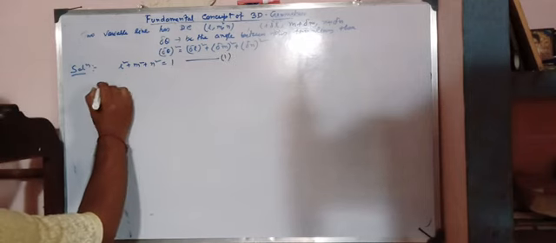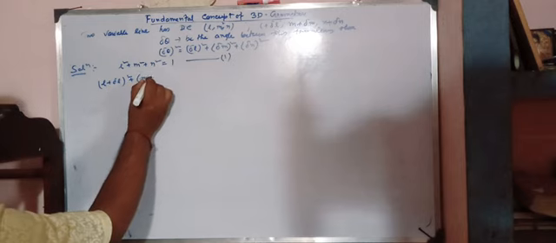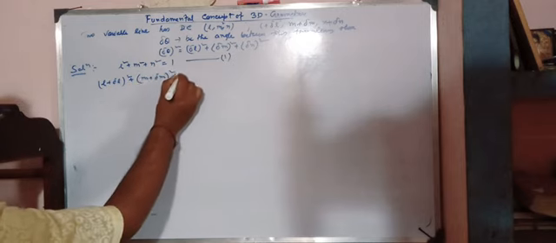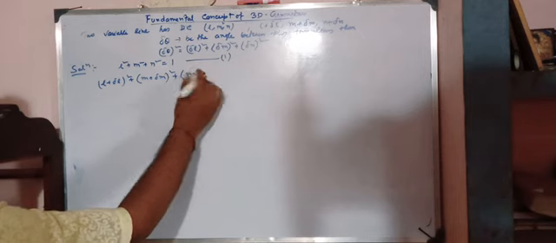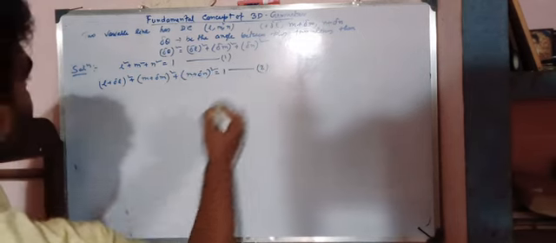And l plus delta l square plus m plus delta m square plus n plus delta n square should be 1. This is equation 2.